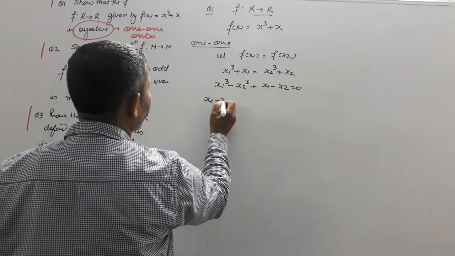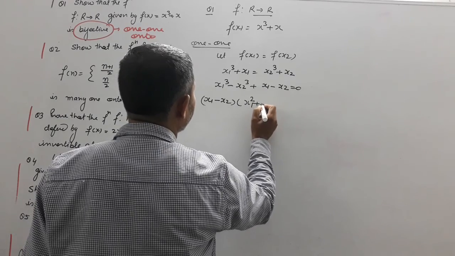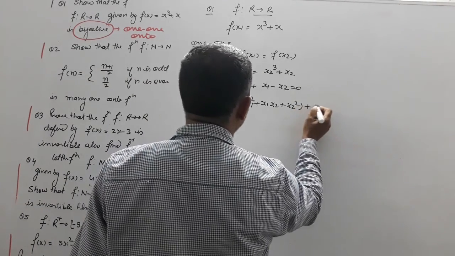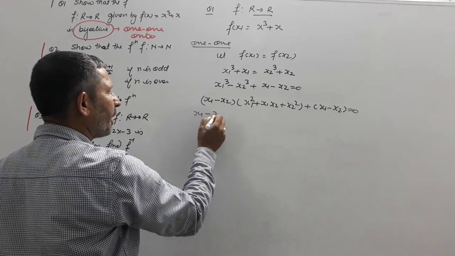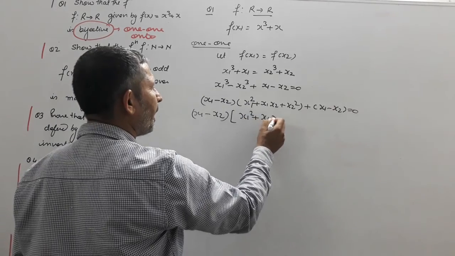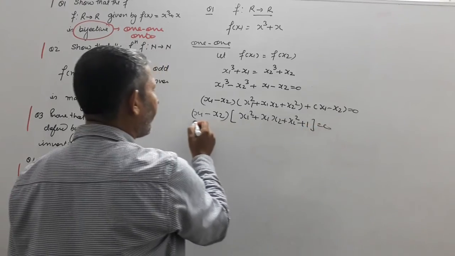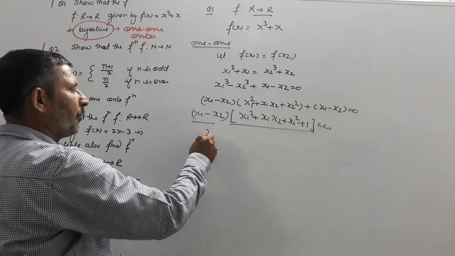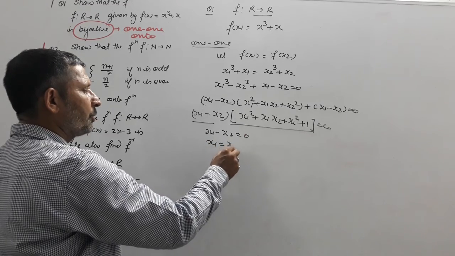The factor is x1 minus x2 into (x1 square plus x1 x2 plus x2 square) plus x1 minus x2 equals 0. So x1 minus x2 is common: (x1 minus x2)(x1 square plus x1 x2 plus x2 square plus 1) equals 0. Either the first factor equals 0 or the second equals 0, but the second is not equal to 0, therefore x1 minus x2 equals 0, therefore x1 equals x2.